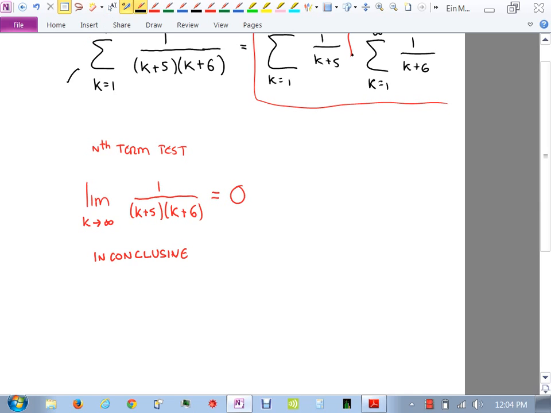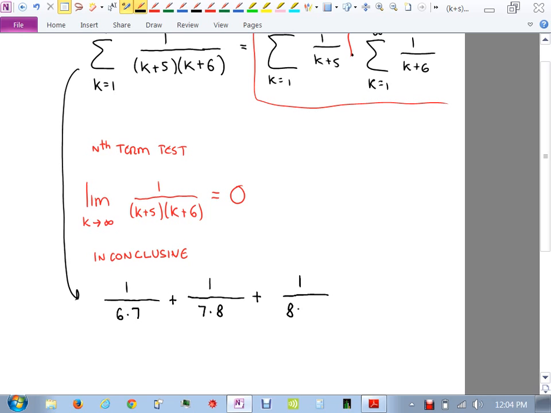Let's first write out some of these terms, all right? Let's let k be 1. If k is 1, what do we get? 1 over 6 times 7, which is 42, but I'm just going to write it like that. Plus, what's the next one? 1 over 7 times 8 plus 1 over 8 times 9.